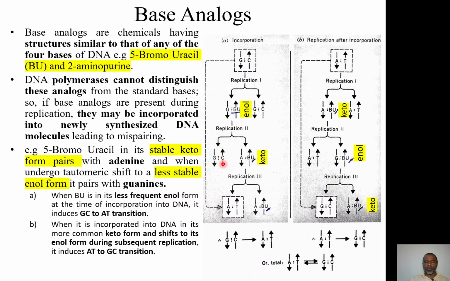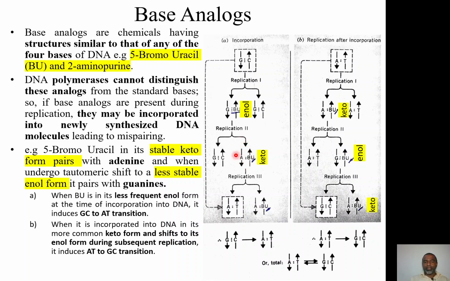In the next round of replication, the guanine will incorporate cytosine opposite to it, but the bromouracil, because the less stable enol form will not remain forever, will get back to its more stable keto form. In the keto form it pairs with adenine, so the bromouracil will incorporate adenine opposite to it.